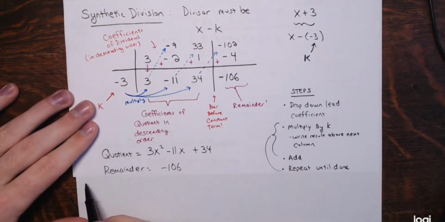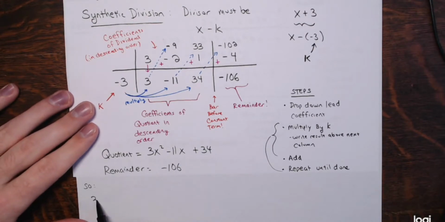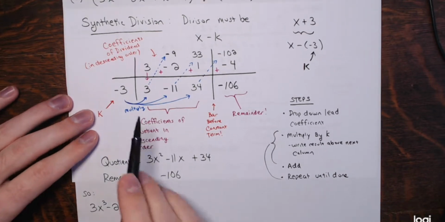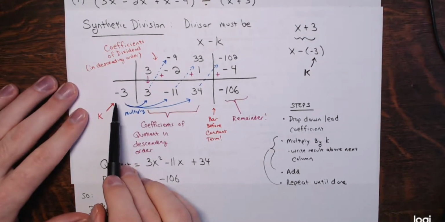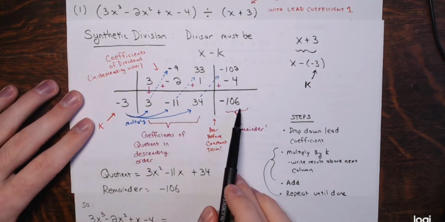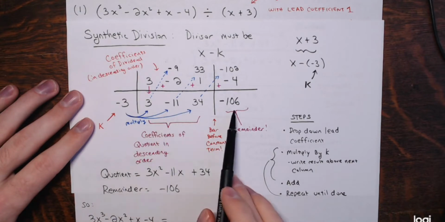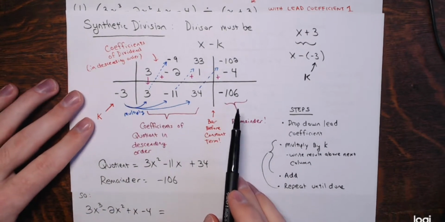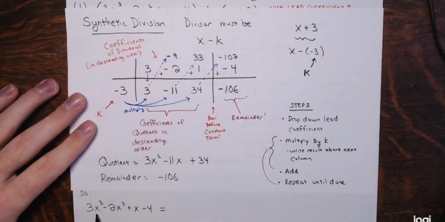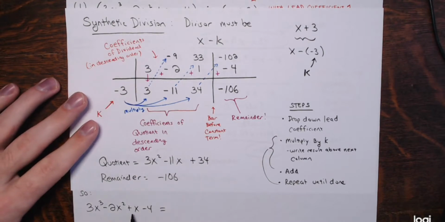So, putting it all together, we can say that 3x cubed minus 2x squared plus x minus 4 is equal to the divisor. Now, another thing that's nice about this second row is it gives you another way to write the dividend, right? The dividend is this 3x cubed minus 2x squared plus x minus 4.